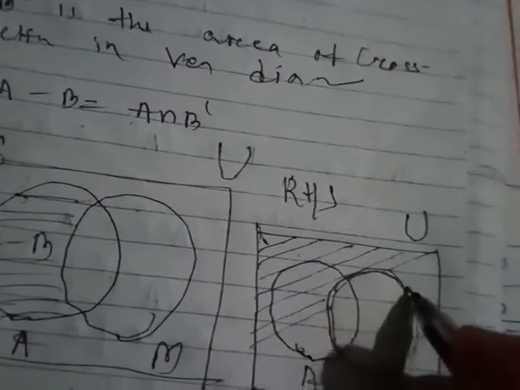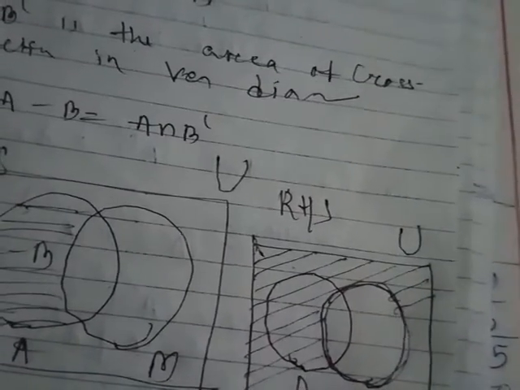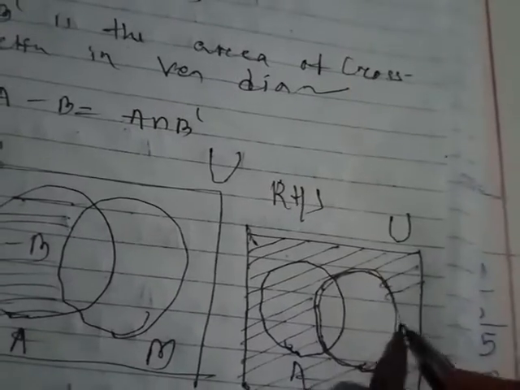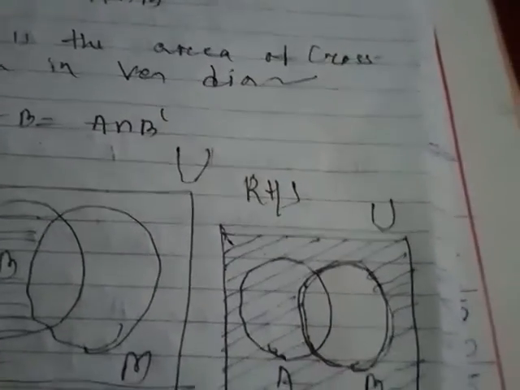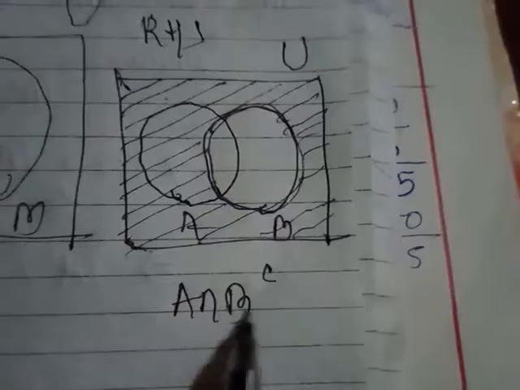The elements you can take are those found in the region except the boundary of B, set B. See, I am doing the parallel lines. These are the areas. They will never enter into the boundary of B, because B complement means those elements are not in B. So these are the elements of B complement. Is it clear? B dash, parallel lines. Then we have to move to A intersection B dash.